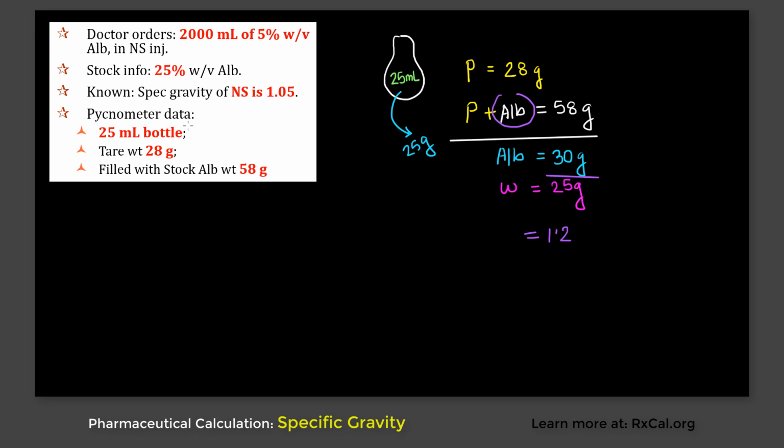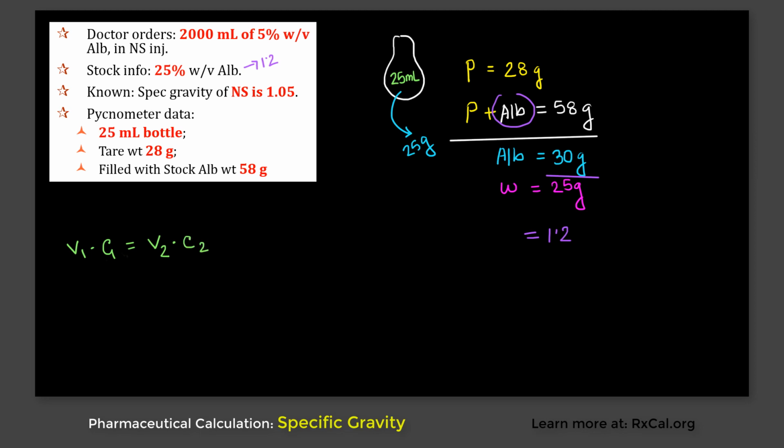We know that the specific gravity of this is 1.2. So the second part wants us to determine how much of this stock solution, 25%, we need in order to make 5% of this 2000 ml of solution. So the formula in this case should be V1 times C1 equals V2 times C2.